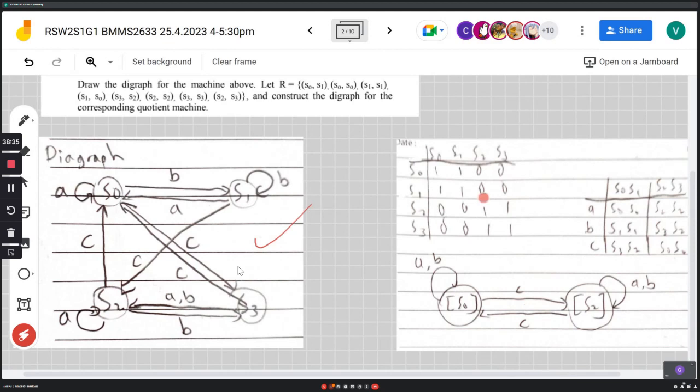Okay, this is the diagram of the corresponding quotient machine. This is the diagram of the given machine. You can label it: this is the diagram of the quotient machine.